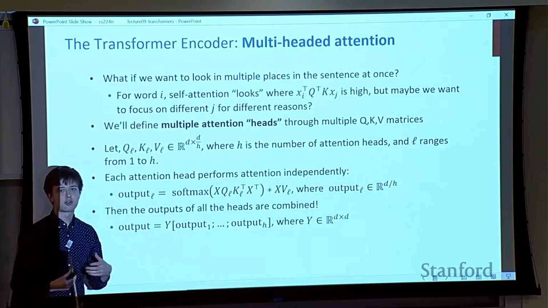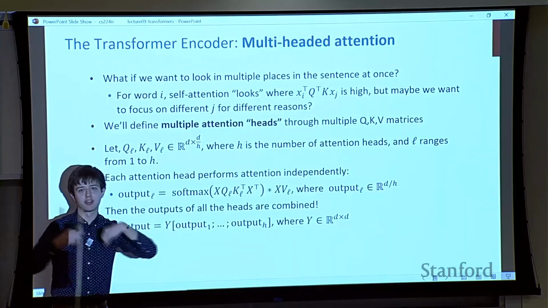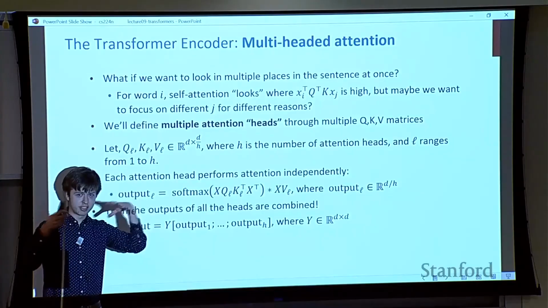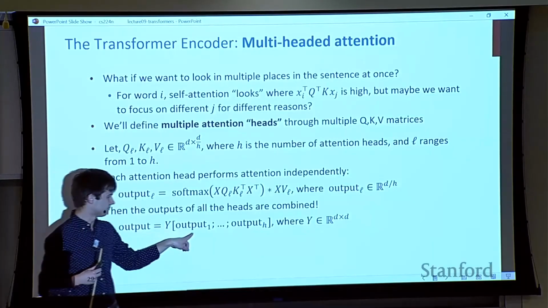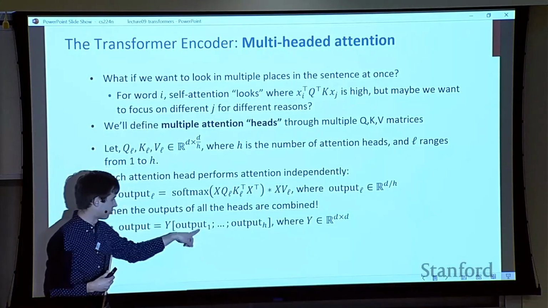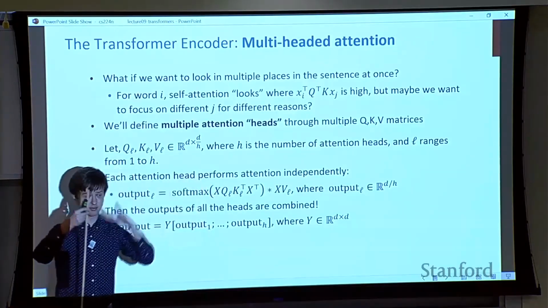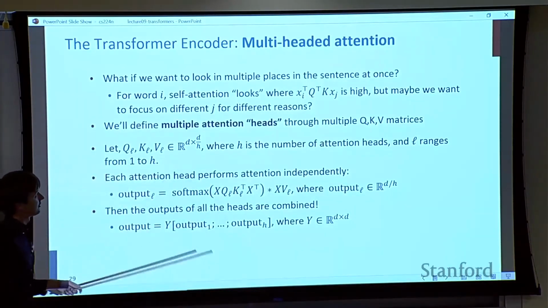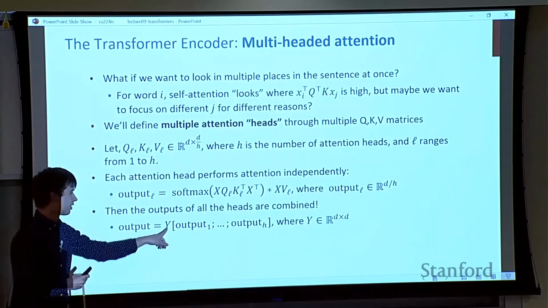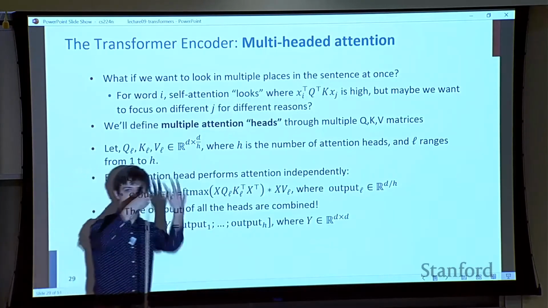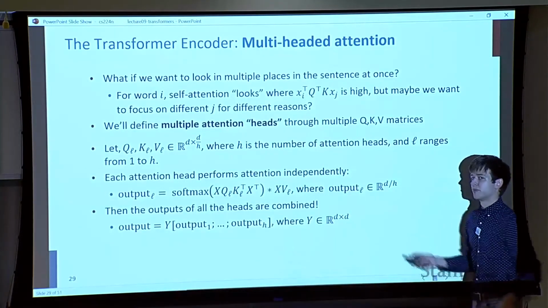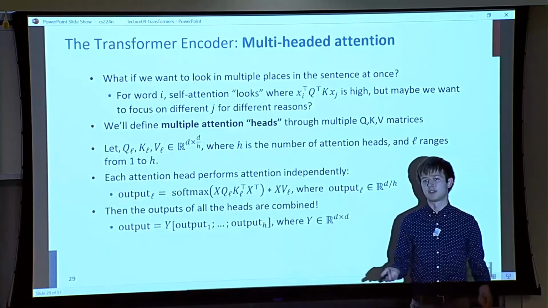In order to have the output dimensionality be equal to the input dimensionality and to mix things around, combining all the information from the different heads, you concatenate the heads, so output 1 through output h, stacked together. Now the dimensionality of this is equal to the dimensionality of X again. And then we use a learned matrix Y in order to do the mixing. Y is d by d, and that's the output of multi-headed self-attention.